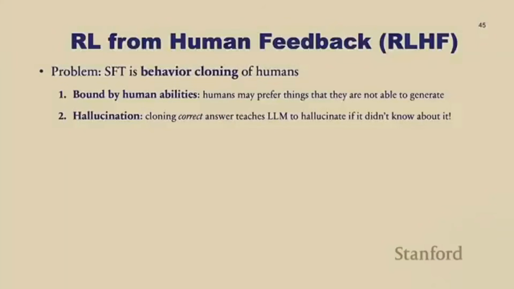Issue number 2, which I find pretty interesting, is that if you've ever heard of the word hallucination, this is LLMs generating false information. People have hypothesized that hallucination can come from supervised fine-tuning, even if you do supervised fine-tuning on data that is correct.